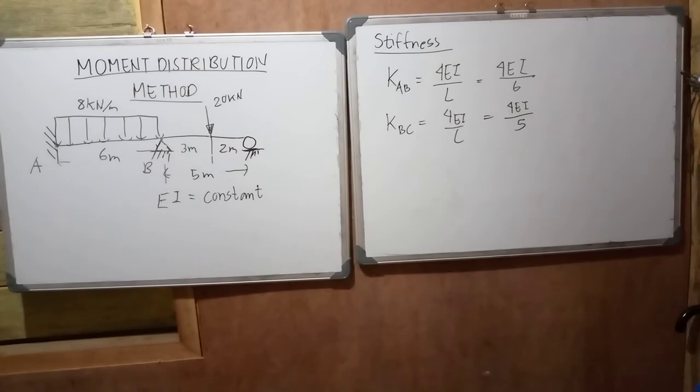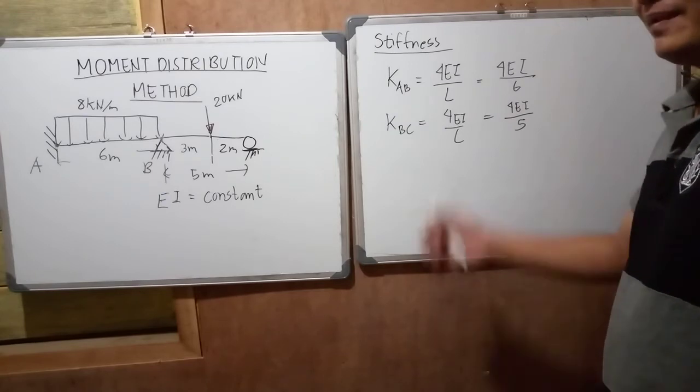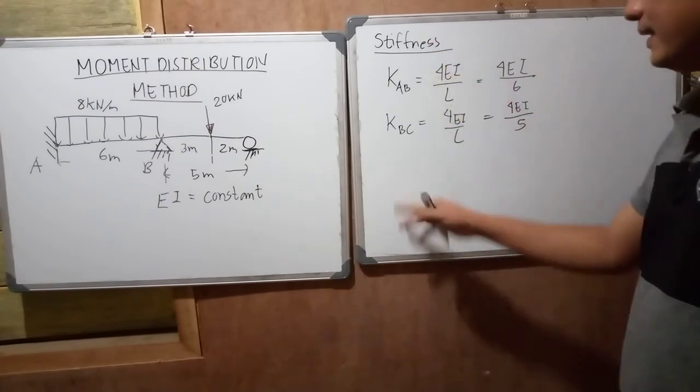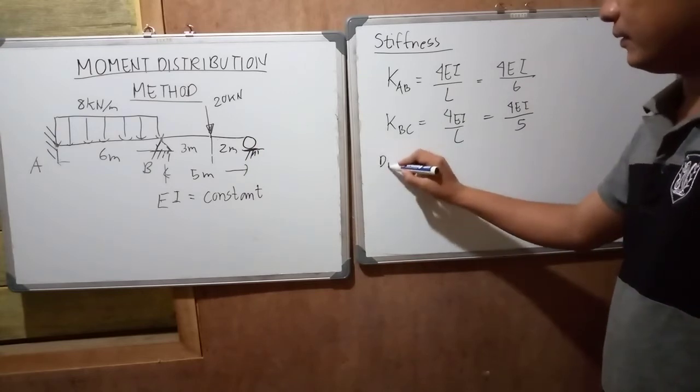Next, we can compute the third step. What is the third step? First, fixed end moments, then stiffness, and next we compute the distribution factor.